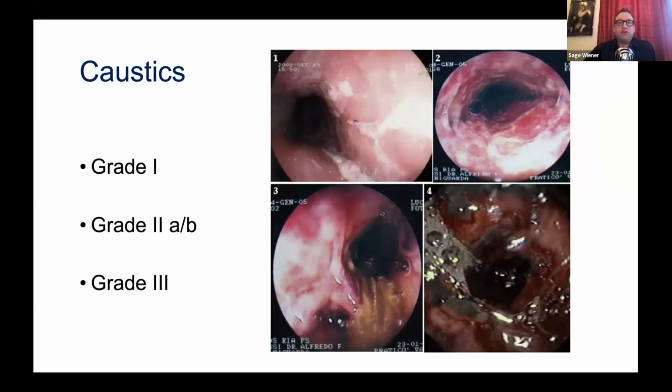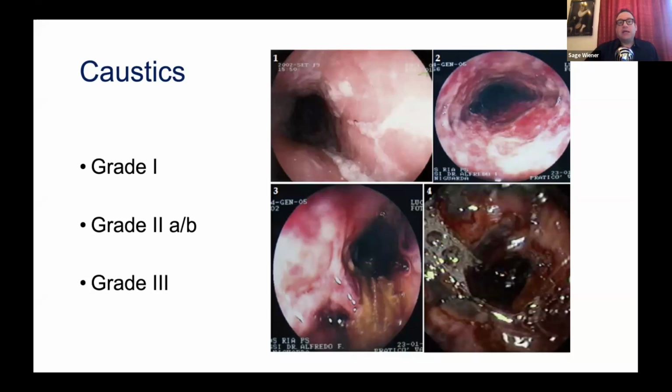And the grade 2 is separated into two kinds, A and B. So grade 2 is like a second-degree burn, a partial thickness burn, and the 2A is linear lesions, and 2B is circumferential lesions, lesions that go all the way around the tube that you're looking at. The main reason that this is important is because of their prognosis for long-term complications from caustic ingestions.